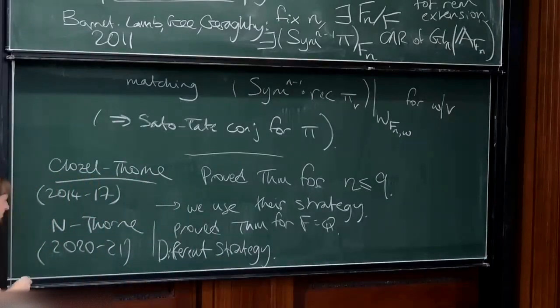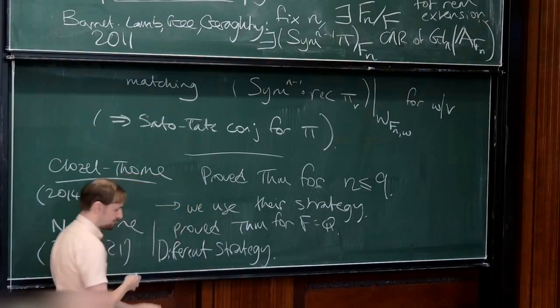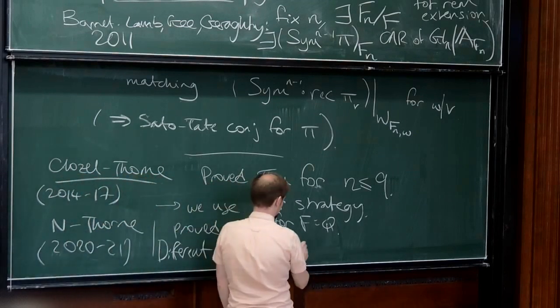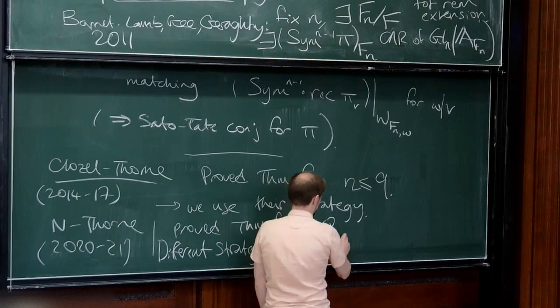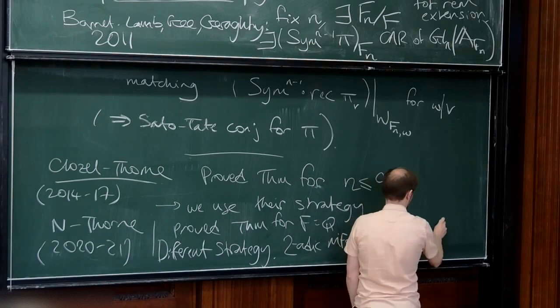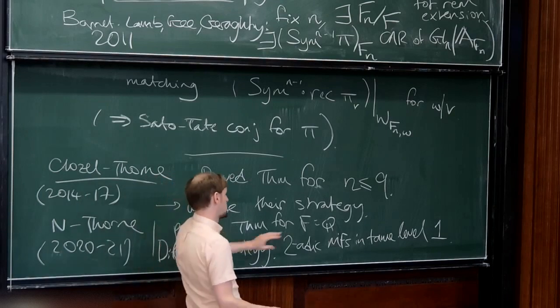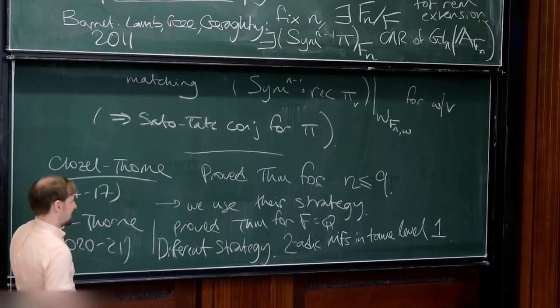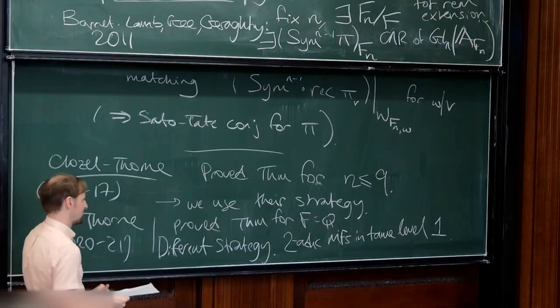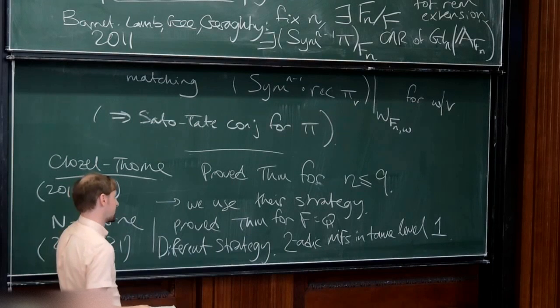But we did use a different strategy, which doesn't generalize to any totally real field, any extension of Q, as far as we know. It relies on some special properties about two-adic modular forms in tame level 1, the same way that Khare-Wintenberger's proof of Serre's conjecture relies on some coincidences about small primes and discriminant bounds. So we couldn't push this strategy to more general totally real fields.